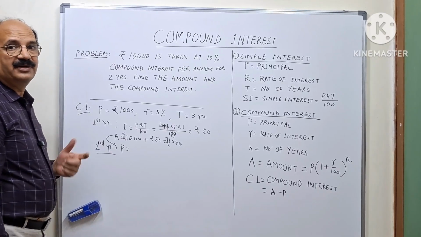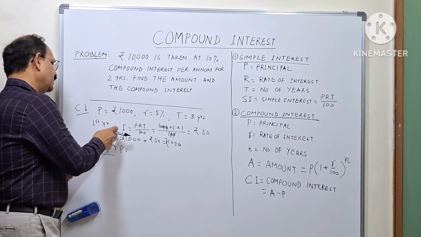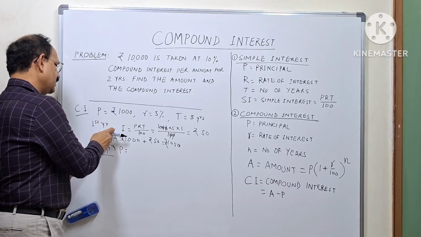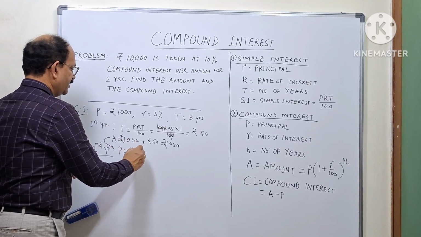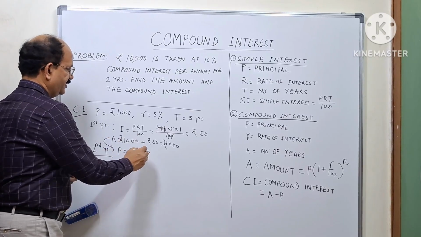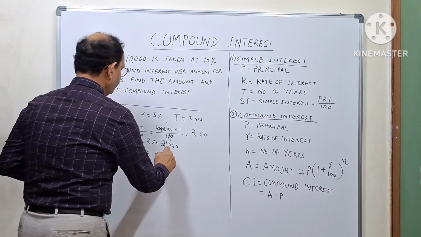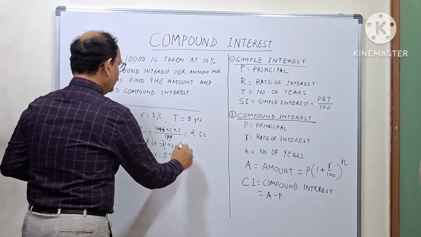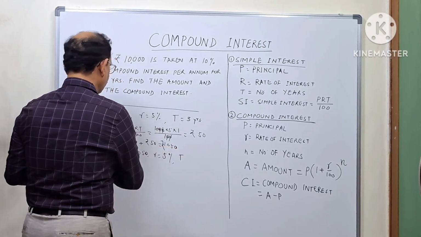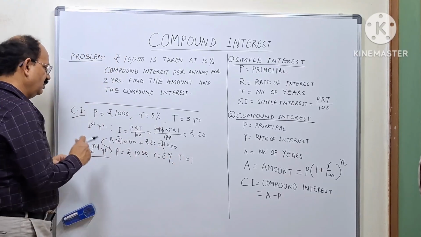In simple interest, the principal was not changing, but in compound interest, the amount at the end of the first year becomes the principal for the second year. Rate of interest remains the same, and T is equal to 1 because we are calculating for the second year.